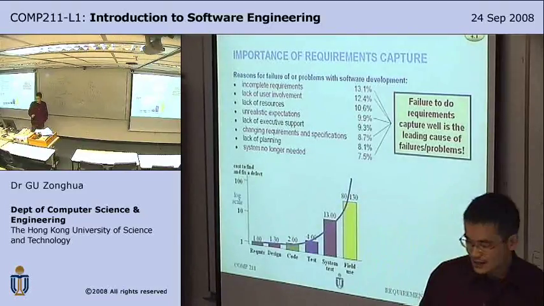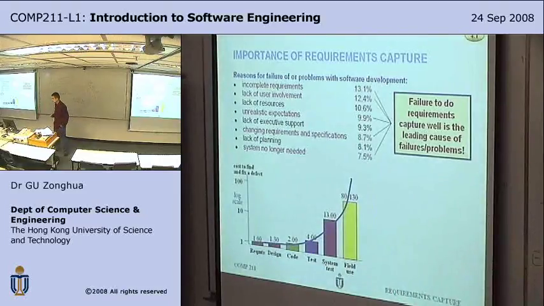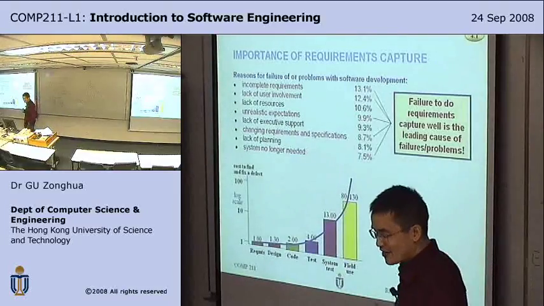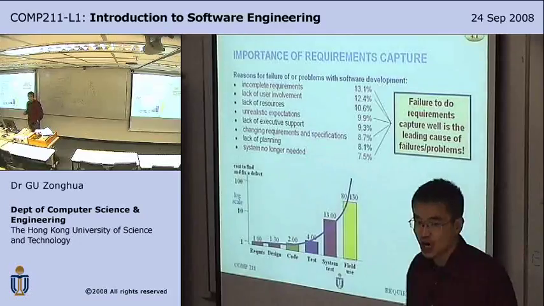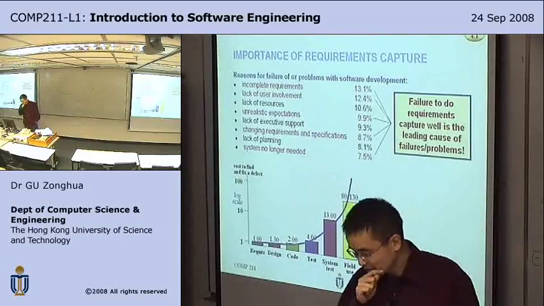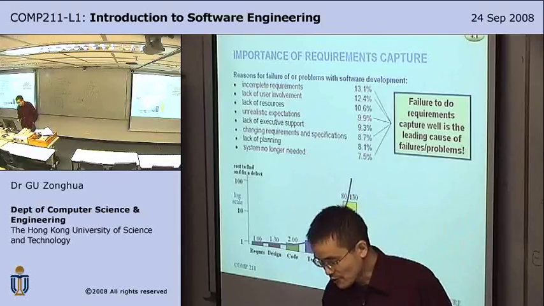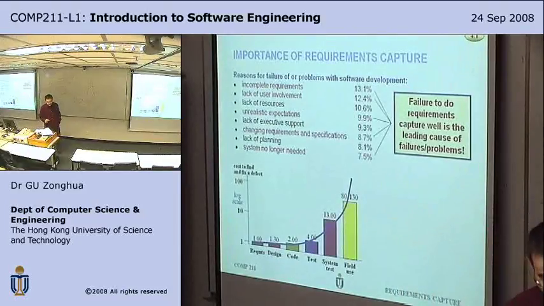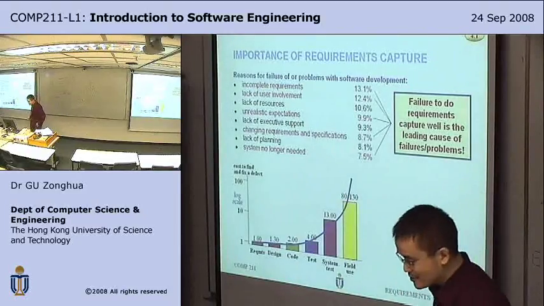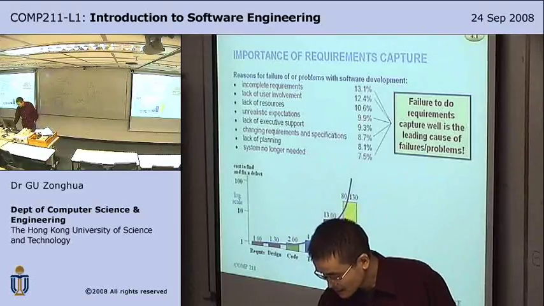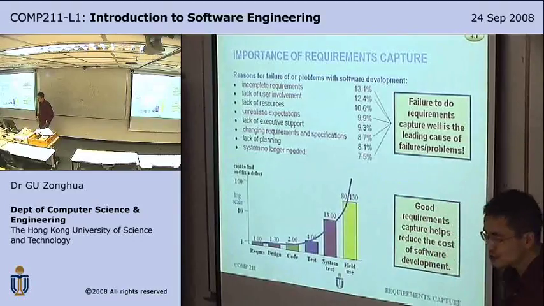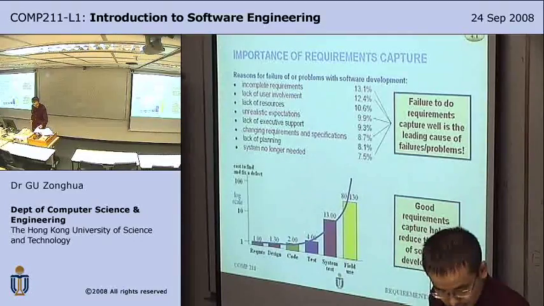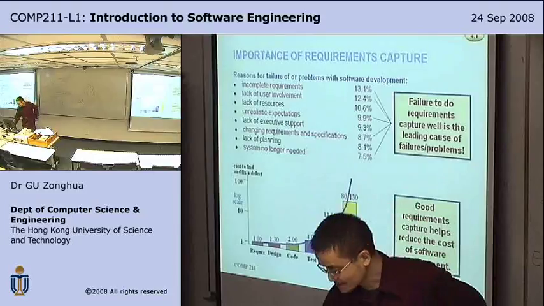So that means that if it costs $1 to fix a defect in the requirement stage, it costs $80,000 to fix it if we find it out during field use. It's because you need to do product recalls, and perhaps it's very costly in terms of both the money and your company's image in the consumers. So that's why good requirements capture helps reduce the cost of software development. So you try to fix bugs early.